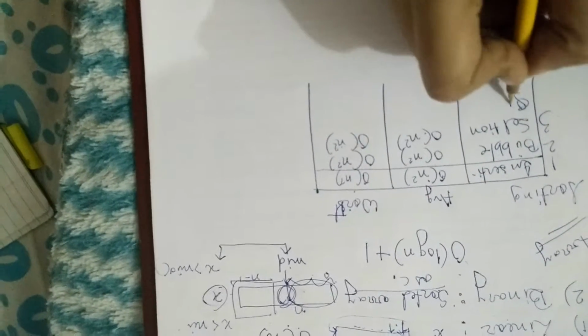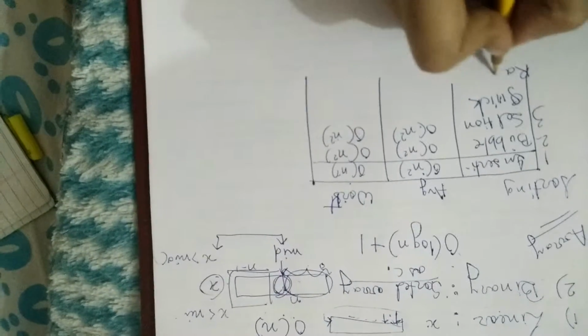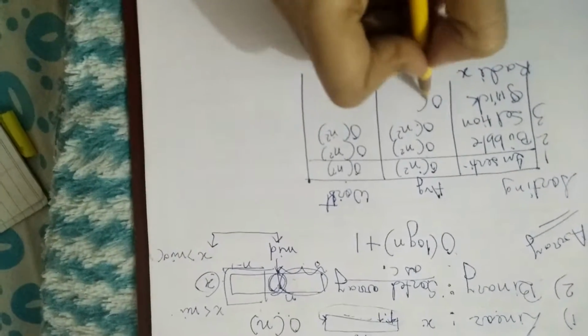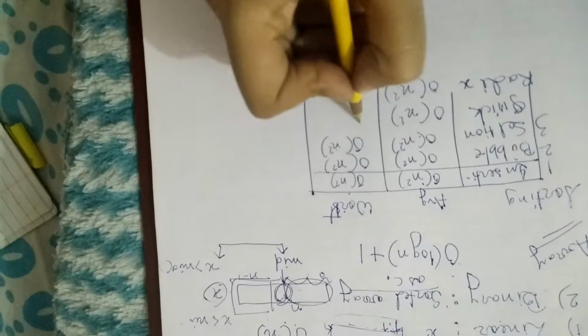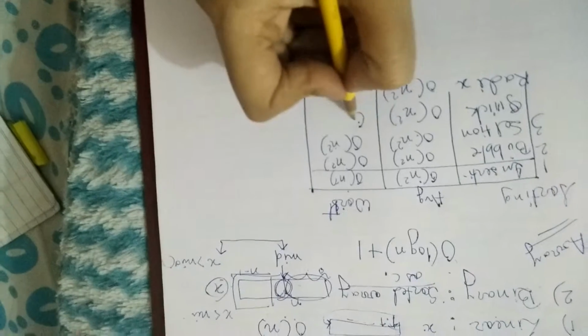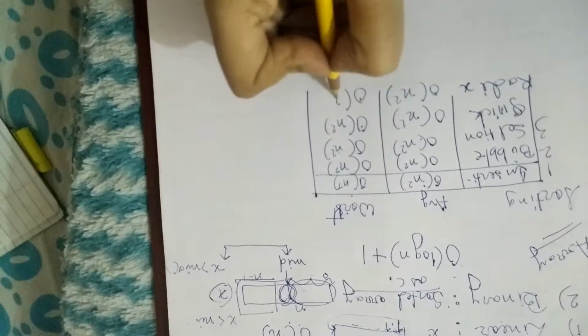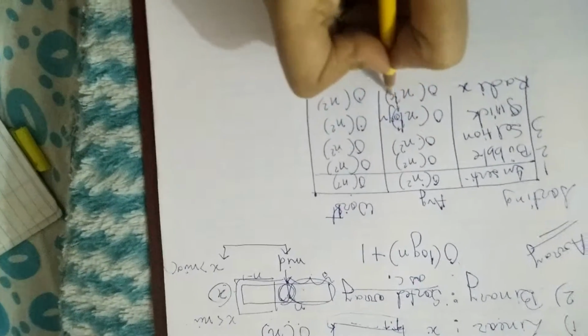Then after that we have quick sort and radix sort. The worst case complexity is n square and the average case is n log n.